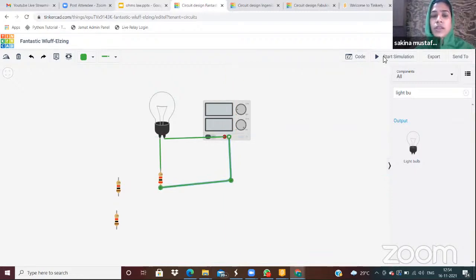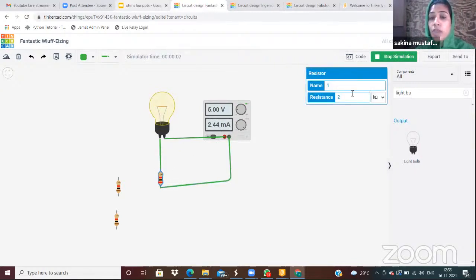When I use the resistance, it is 2.4 milliamperes. The resistance is 2K ohms, and you can see the bulb is not glowing as bright as it was earlier. So the resistance is too much. The current has gone very low with just 2K ohms of resistance.